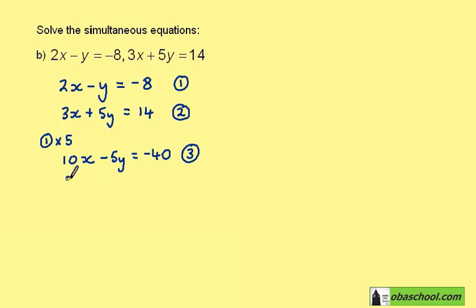Equation 2 is 3x plus 5y is equal to 14. We now have the same number of y's, and the signs are different, and since the signs are different, we're going to add.